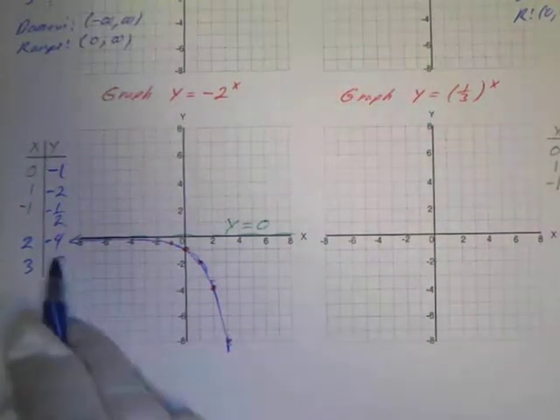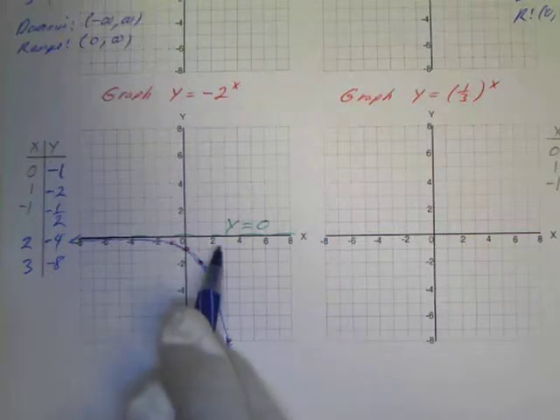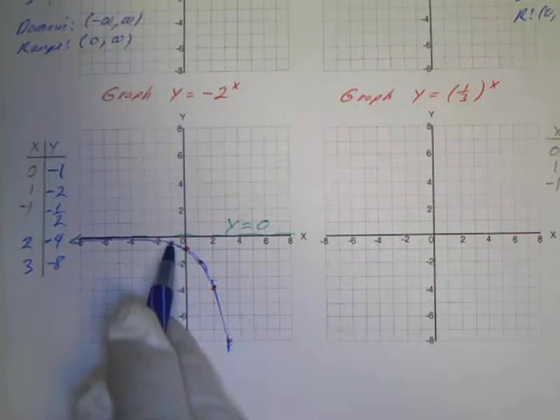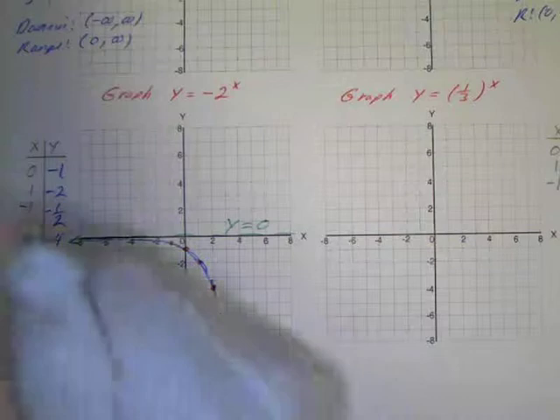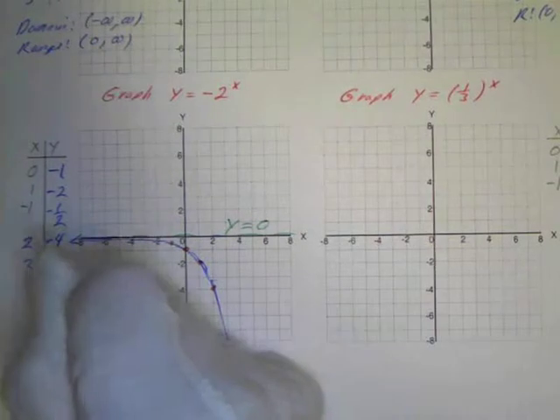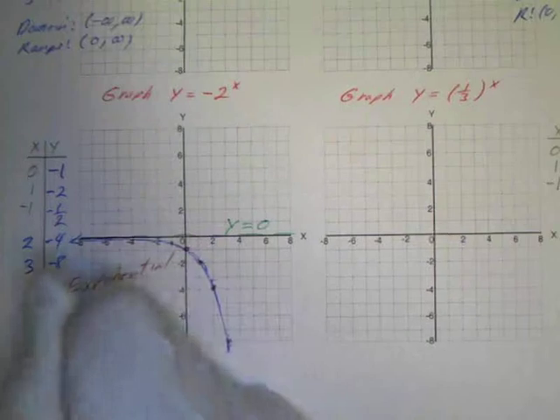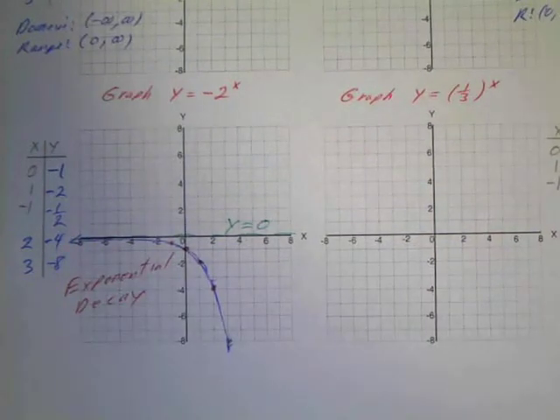Since as I move to the right, the value of the function, or the vertical position of the function, is going down, this is what we call exponential decay. In other words, we're not growing, we're decaying, we're getting smaller.